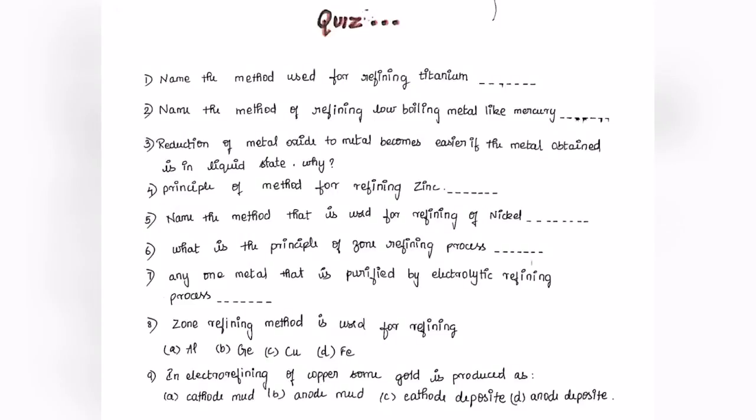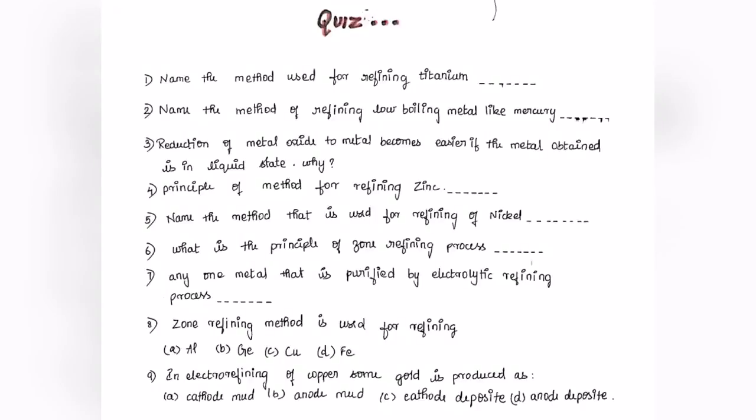Third question. Reduction of metal oxide to metal becomes easier if the metal obtained is in liquid state. Why? Fourth question.